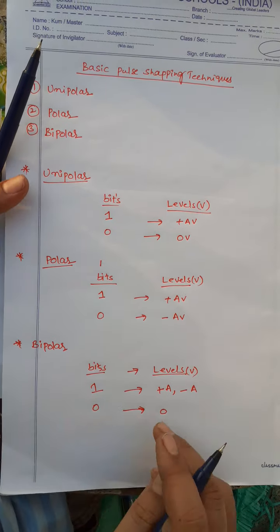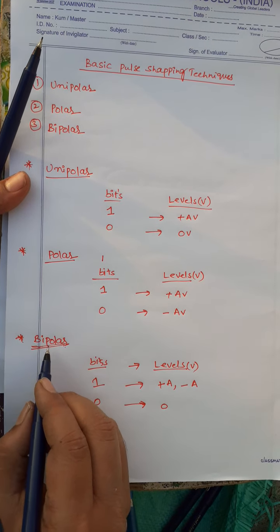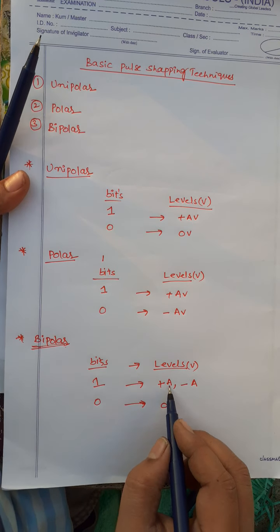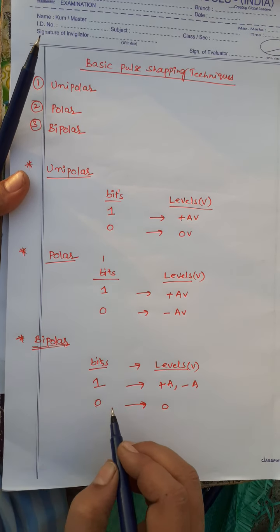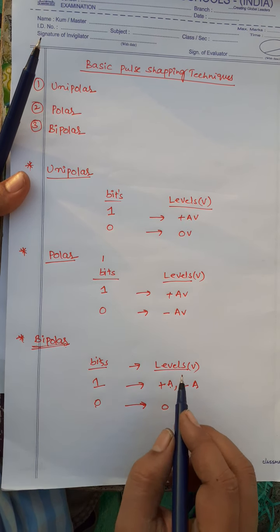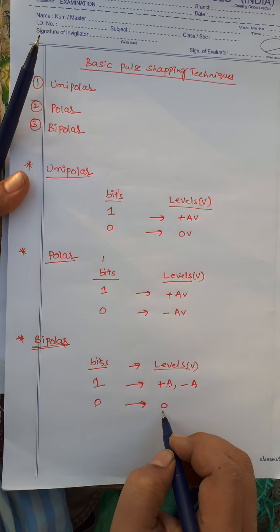If you observe the bipolar pulse shaping technique, bit 1 is represented by plus A or minus A, and bit 0 is represented by the 0 voltage level. So here we find three voltage levels: plus A, minus A, as well as 0.